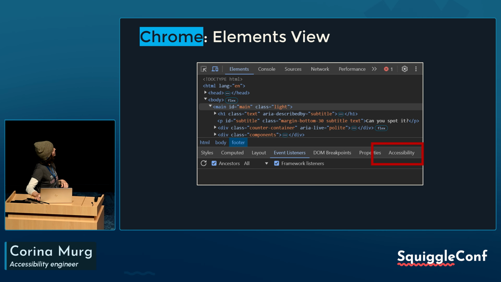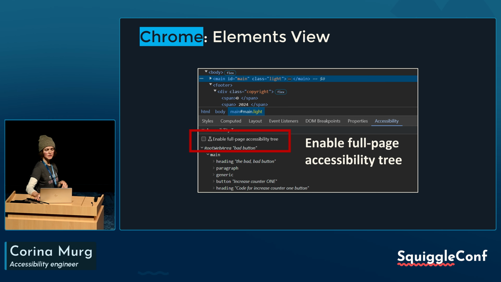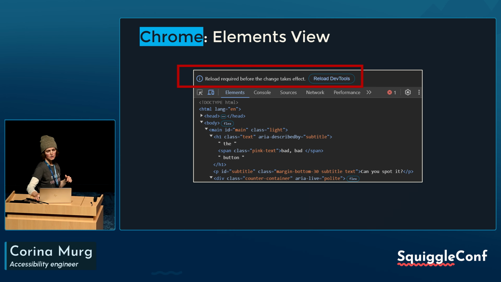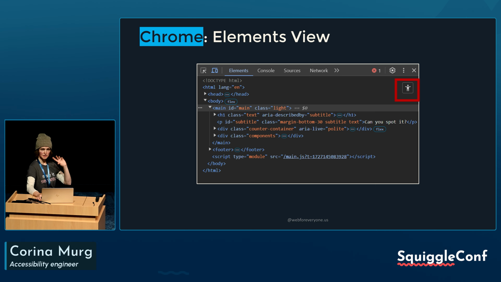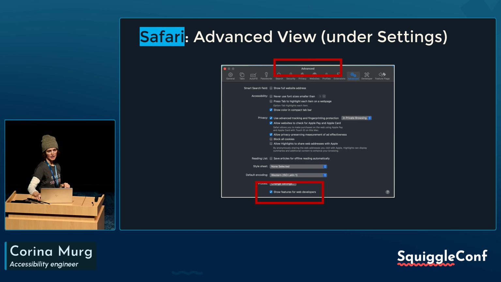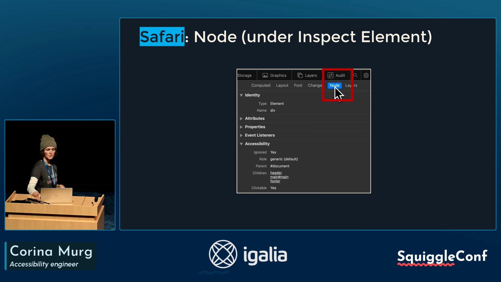Chrome gives you the option to display it either at the bottom of the Elements view, or you can check this box, reload DevTools, and then you have the button to toggle between full elements and tree view. In Safari, a friend explained that you have to go to settings, advanced, and then under inspect element you have the option to see the node. You're not getting a full tree view, but you can see each node individually.